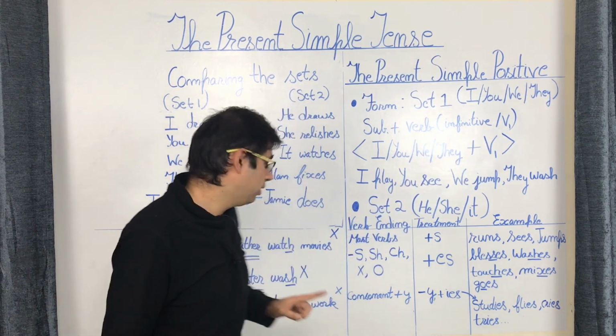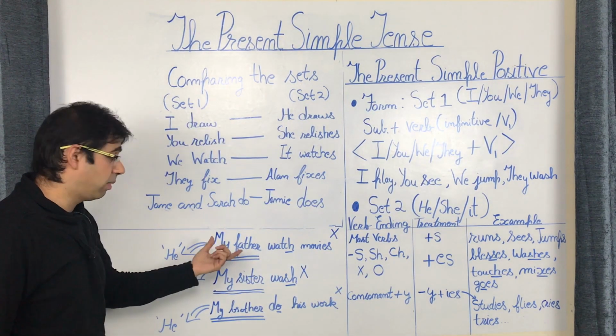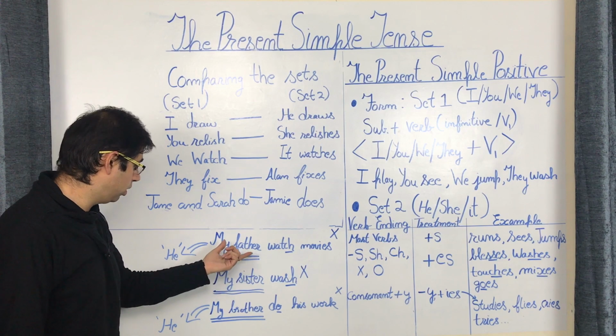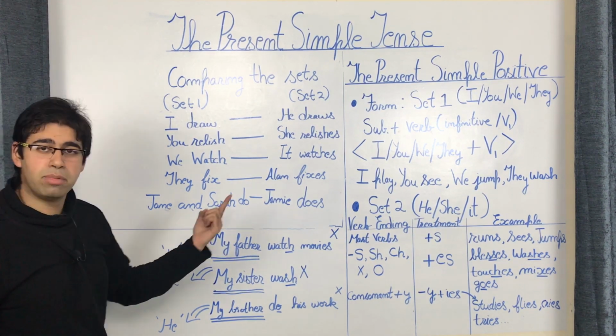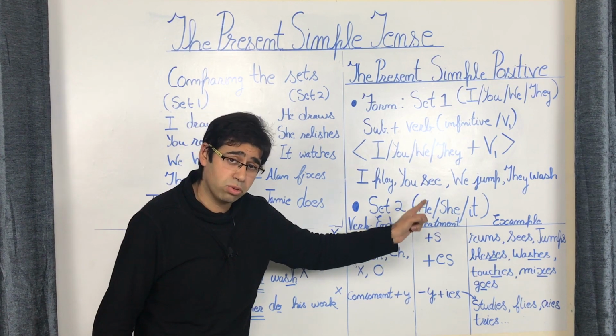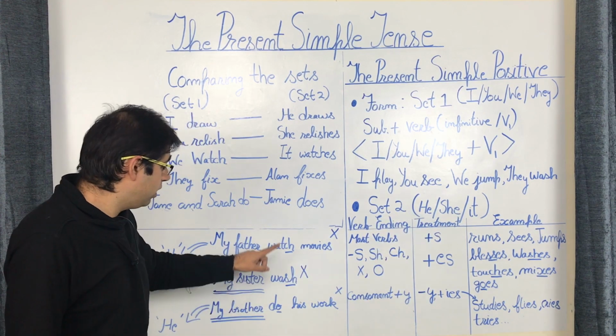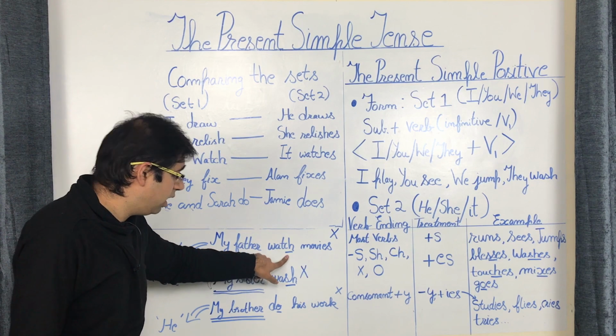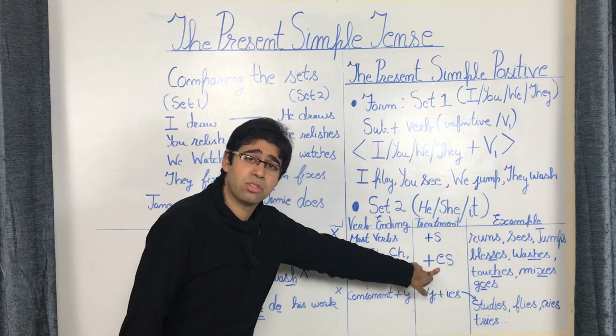However, over here, the subject, observe my dear friends, is my father, which is the equivalent of he. He belongs to set 2, so the treatment of the verb will be governed by the rules of set 2. And in set 2, whenever you have a verb ending with a CH, we provide an ES towards the end of it.